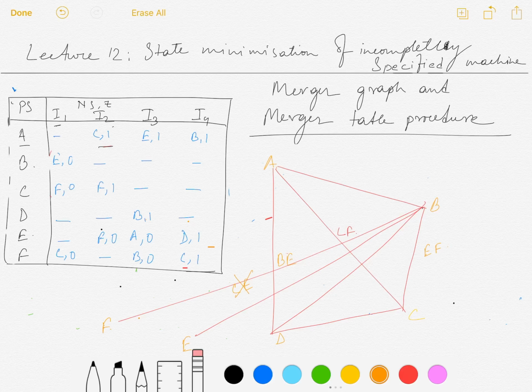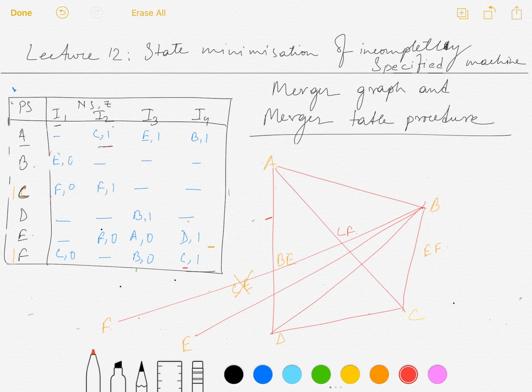Now, for CF, the outputs are same for I1, I2, I3, I4, as well as it has one implied pair, that is CF. That means, CF has its own implied pair. So, we write CF only, but we do not have to mention the implied pair, because the same state is there.